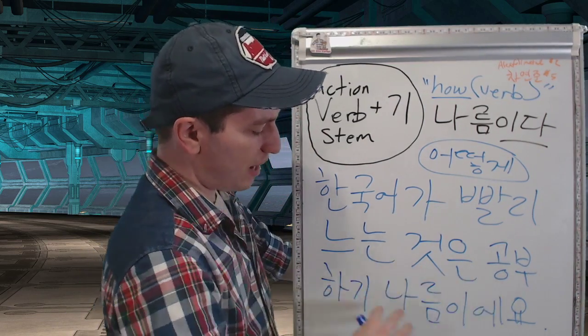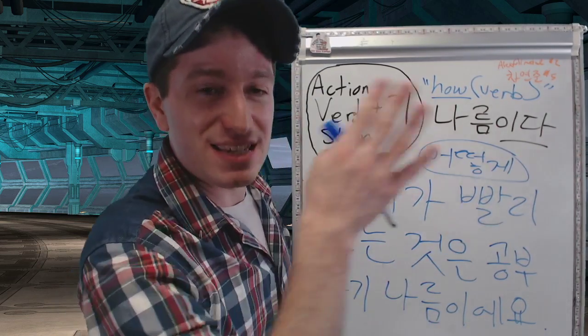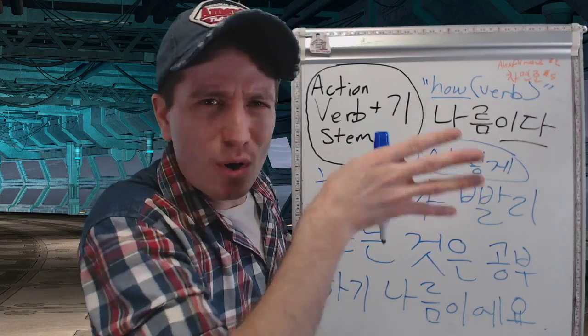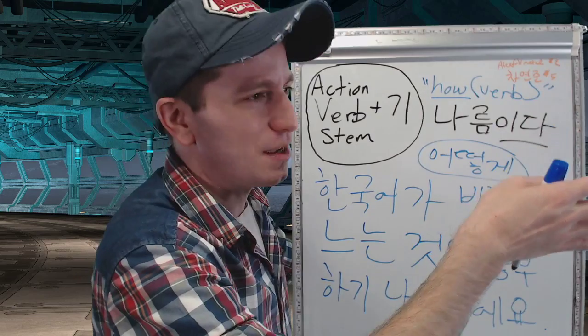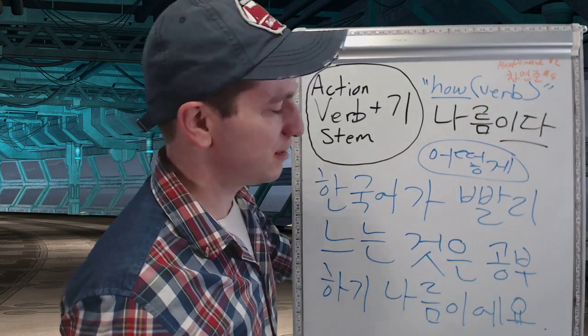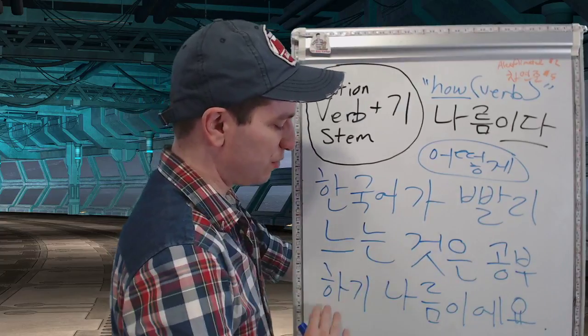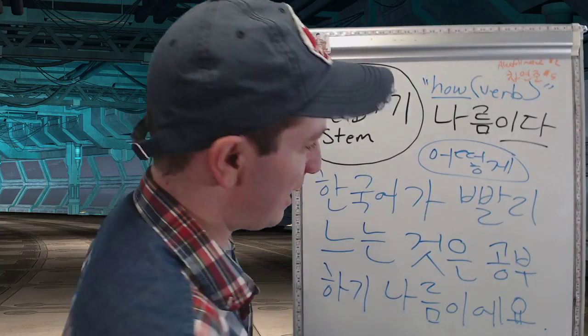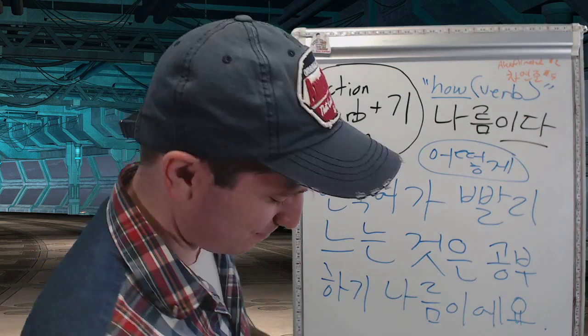So 공부하기 literally just means it depends on the studying. But by saying it depends on studying, it means it depends on how that happens, how you're studying. It all hangs on the studying. By that it means how you're studying. So yeah. 한국어가 빨리 느는 것은 공부하기 나름이에요. So getting better quickly at Korean all depends on how you study.